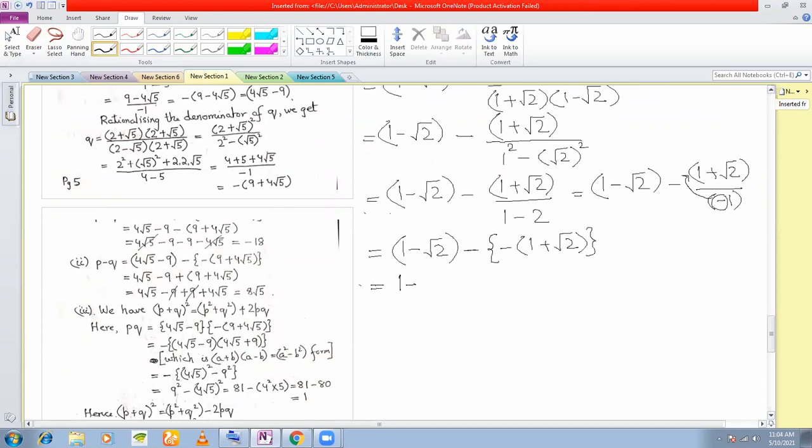So this becomes 1 minus root 2, and these two minuses combine to give you a plus sign. And since you're opening the brackets also, this plus sign will become a negative sign. Okay, or you can say this plus, minus and plus combined to give you a negative sign. So now what happens?